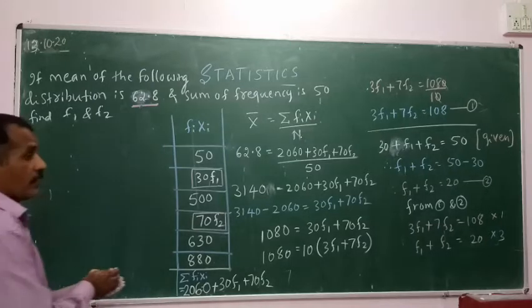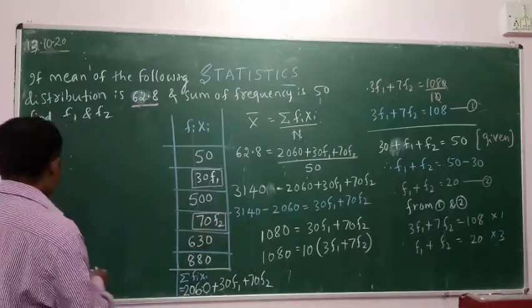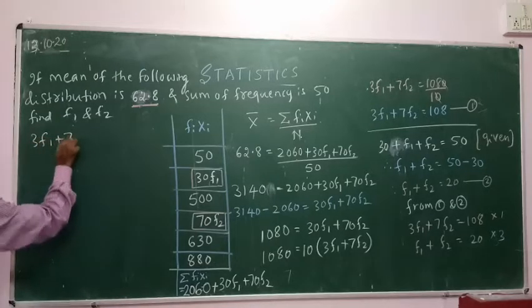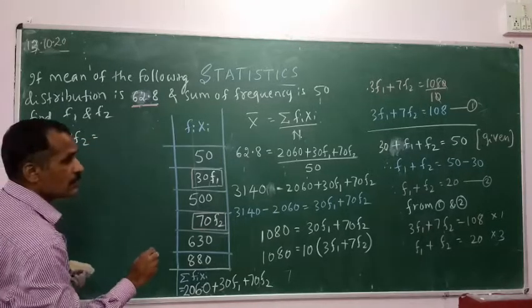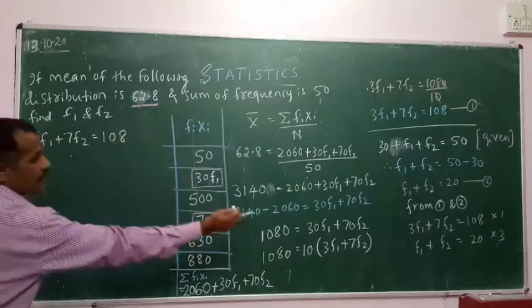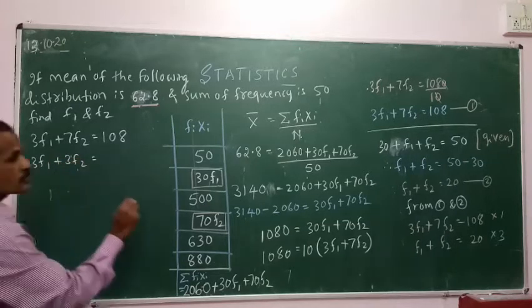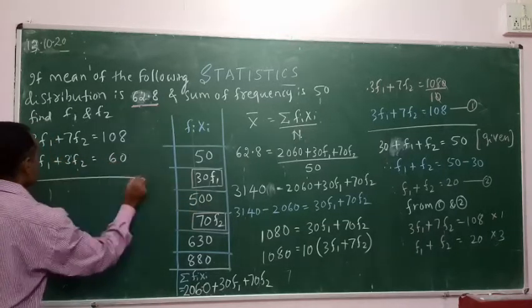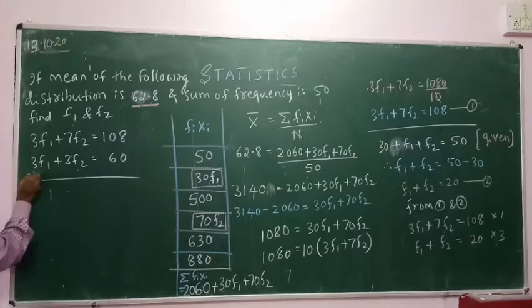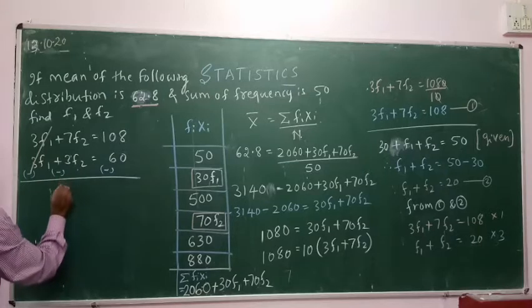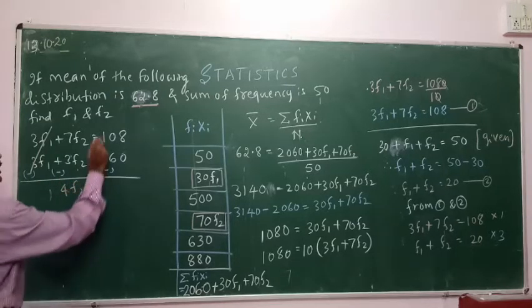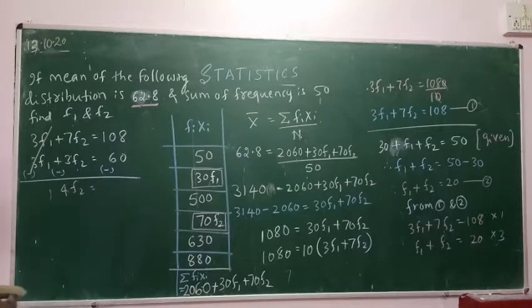What can I write now? 3F1 plus 7F2 is equal to 108. Multiply by 3: 3F1 plus 3F2 is equal to 3 times 20, which is 60. Change the signs. 3F1 gets cancelled. 7F2 minus 3F2 gives 4F2, which is equal to 108 minus 60, which gives 48.